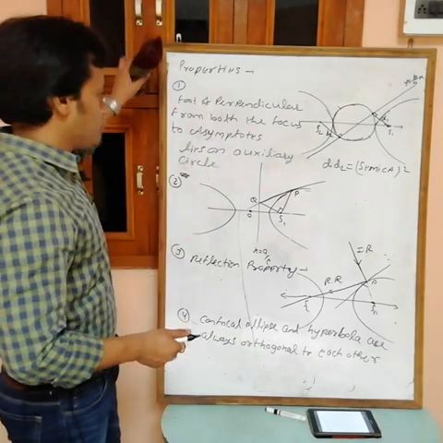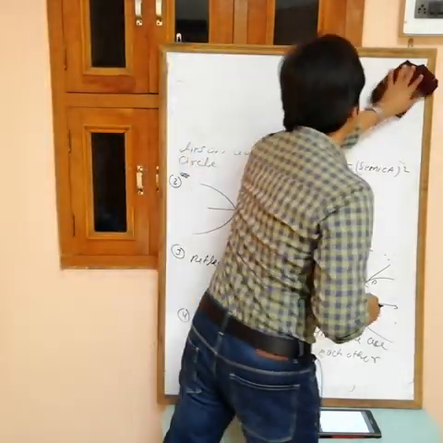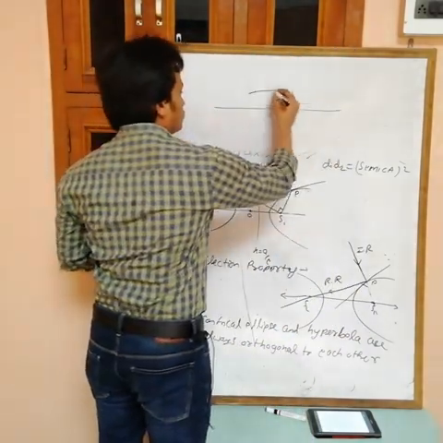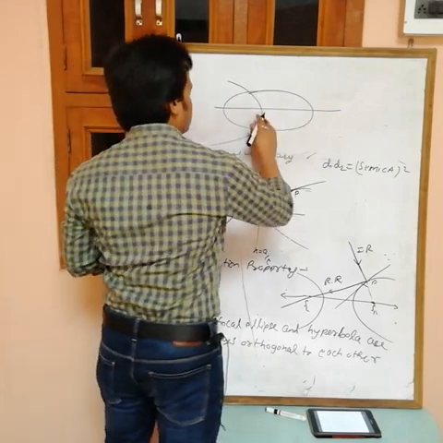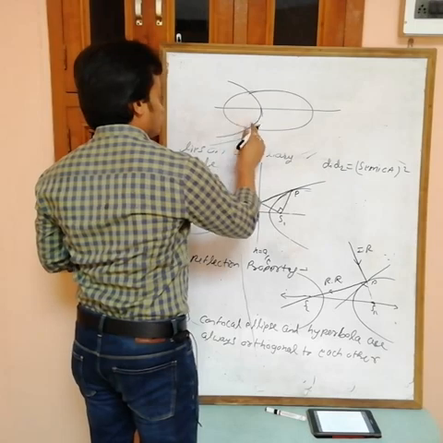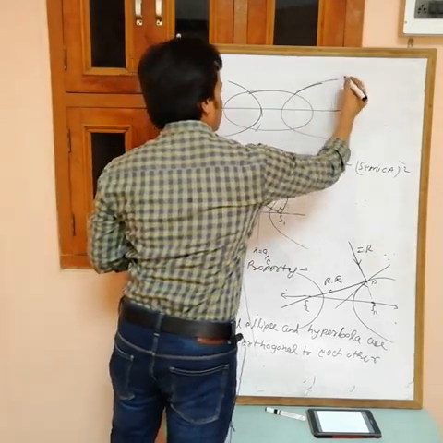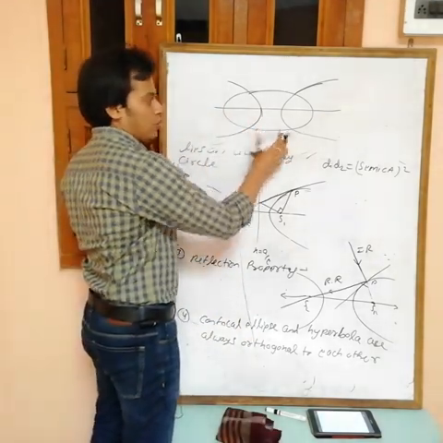Okay, the diagram for this one. Can I rough this part now? See, like this. Okay, suppose we have a confocal ellipse and hyperbola.